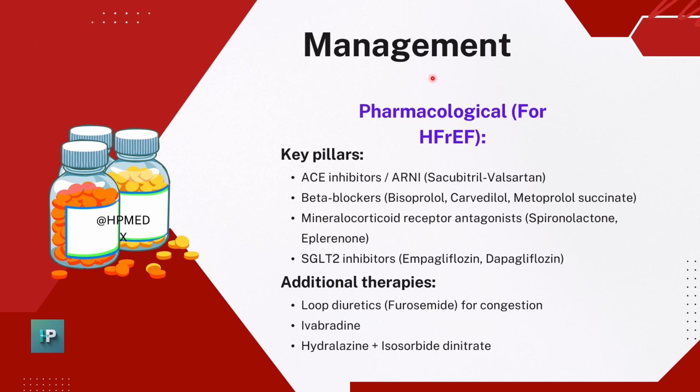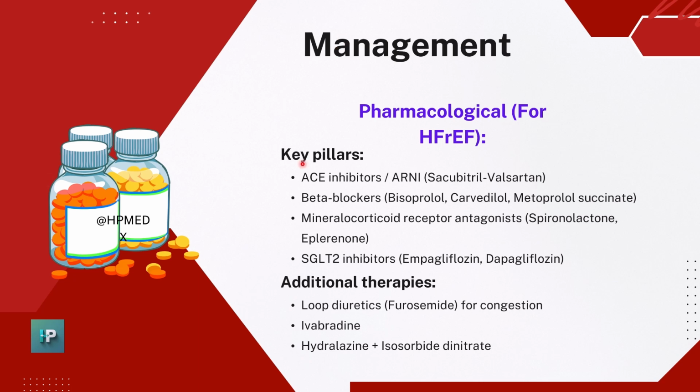And at last, management. Here you can see the pharmacological management for heart failure with reduced ejection fraction. And these are the key pillars, that is the four main drugs used in heart failure.